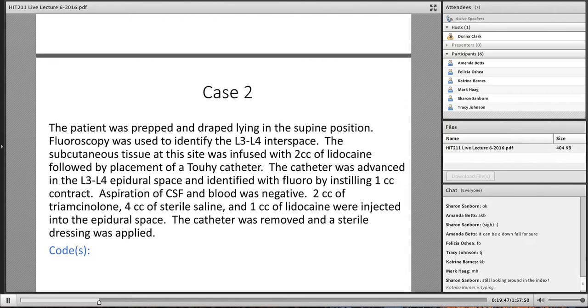Okay, for case 2, that's a good question, Katrina. So what this is like is a spinal block. This is what this is about.